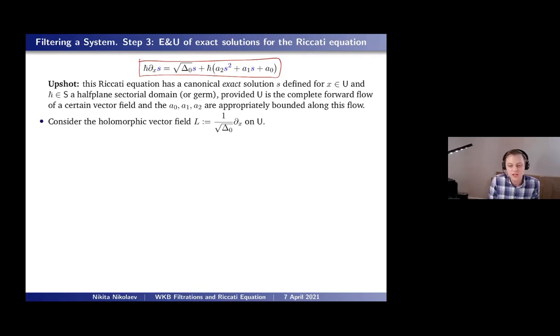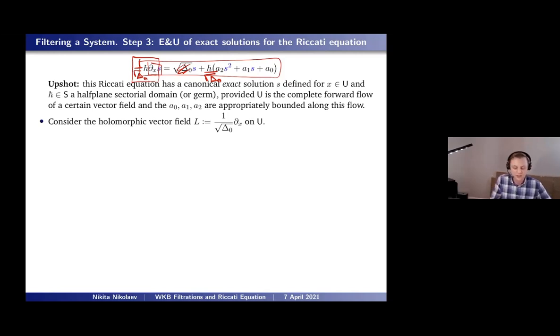If I divide both sides of this equation by square root discriminant, that will disappear, and then I just have this. Now the discriminant of the leading order part of this equation is 1. So somehow it's almost like a normal form reduction of my equation, and I do this reduction at the expense of replacing this simple looking differential operator d by dx by this more complicated, locally holomorphic vector field.